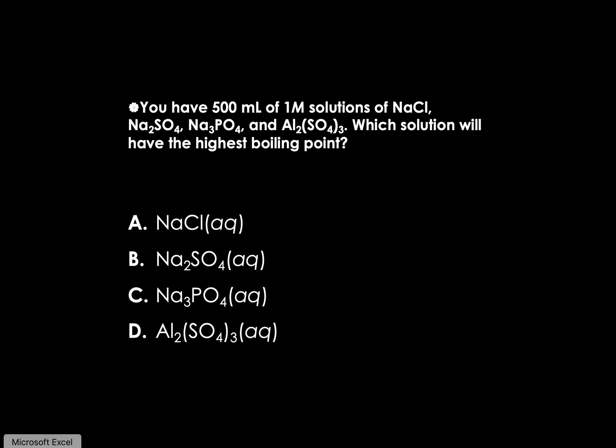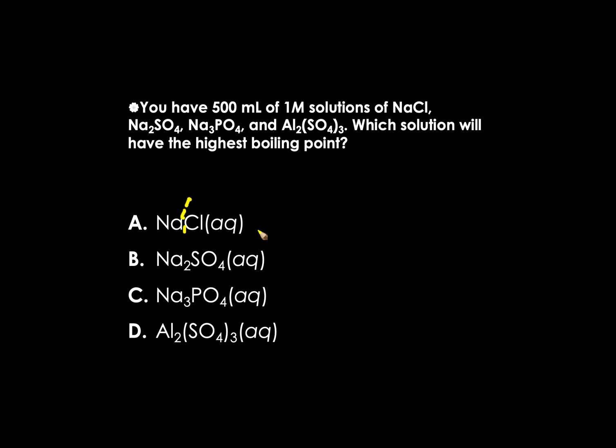Now, last question here says you have 500 milliliters of 1 molar solutions of sodium chloride, sodium sulfate, sodium phosphate, and aluminum sulfate. Which solution will have the highest boiling point? First off, we need to make sure all these choices are ionic, and they are, so they can dissociate. So we're going to break them apart.